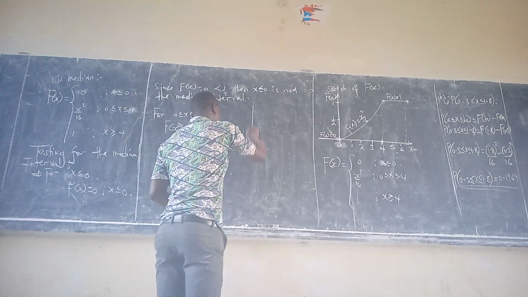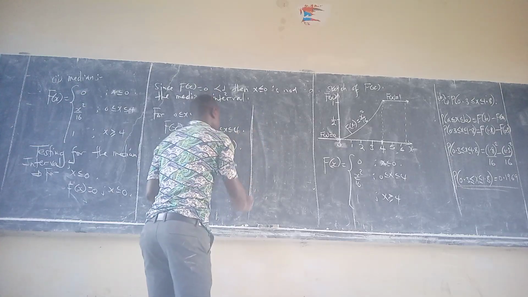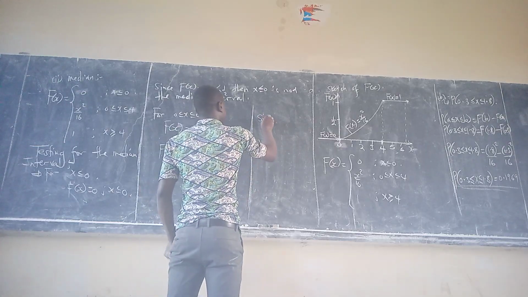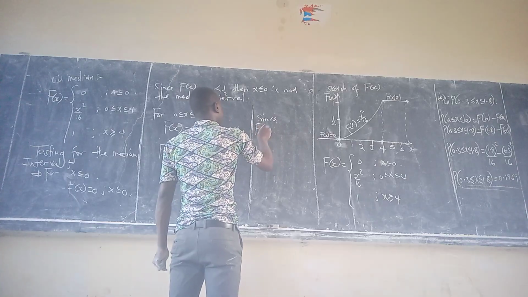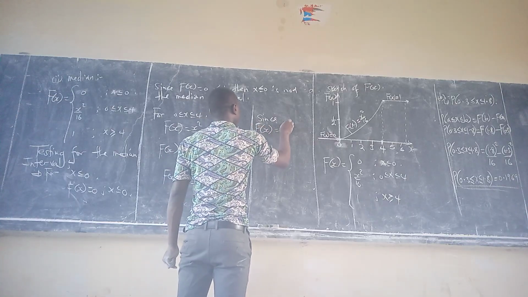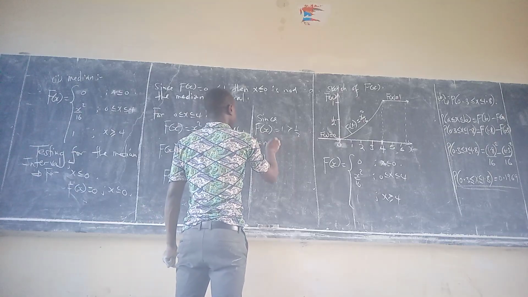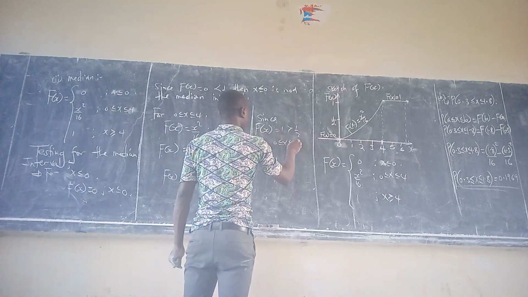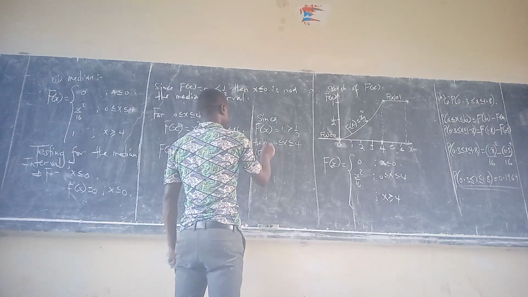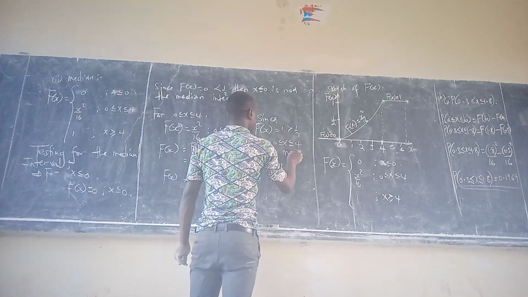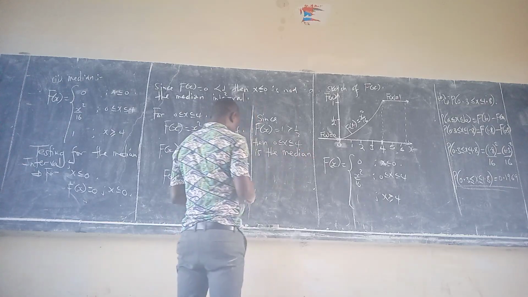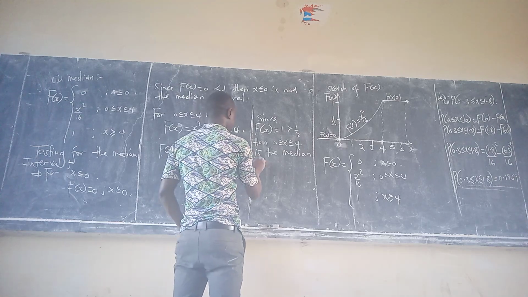So we can now conclude that since capital F of x, which is 1, is greater than a half, then 0 is less or equal to x less or equal to 4 is the median interval.